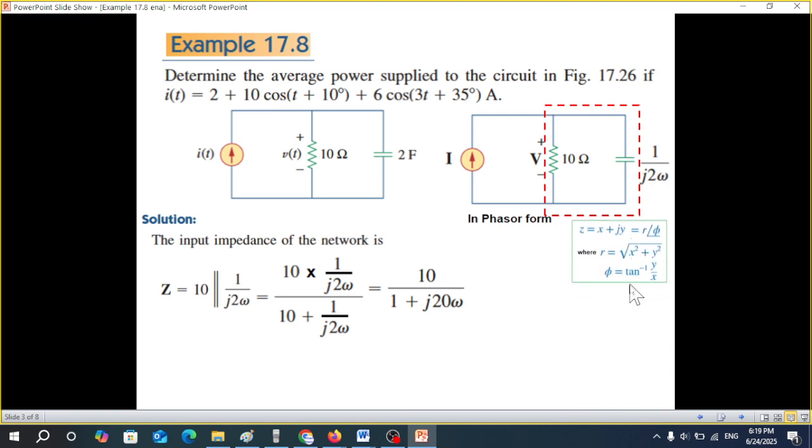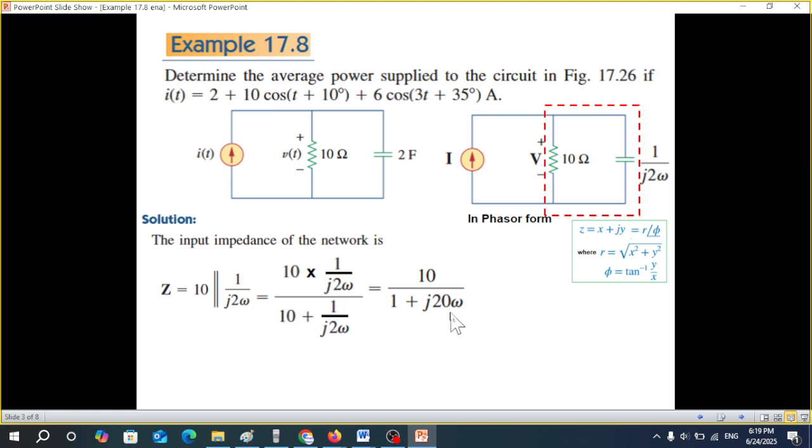And we are used to this type of equation, that the rectangular x plus jy, or the complex form, can be written as magnitude and phase angle, where the magnitude is the square root of the sum of squares of the two terms and the phase angle is tangent inverse of the second term divided by the first term.